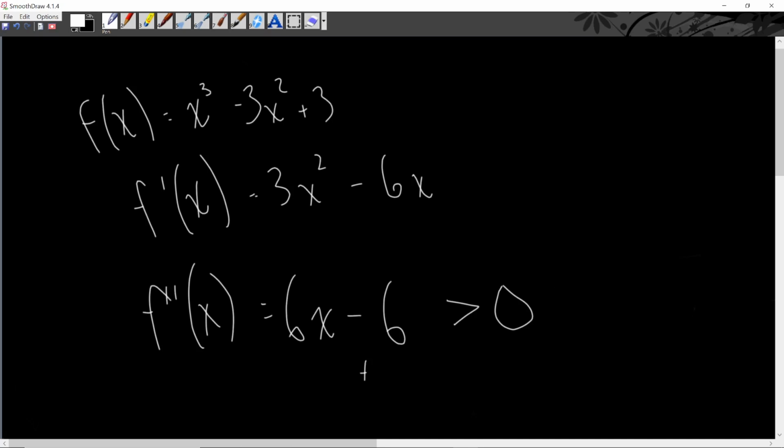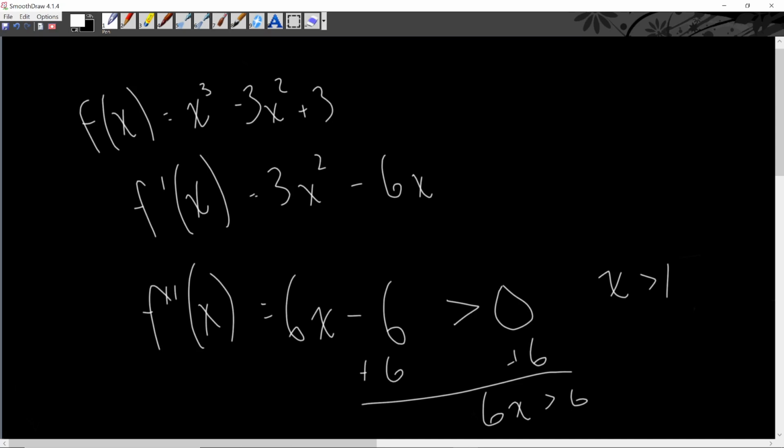So we add 6 to both sides, and we are left with 6x is greater than 6, which means we can divide both sides by 6, and we will get x is greater than 1. Then it gives us a couple of points: (-1, -1), (0, 3), (1, 1), and (2, -1). 2 is the only x value that is greater than 1, so that will be the only point where f of x will be concave upward. And we got that one right.